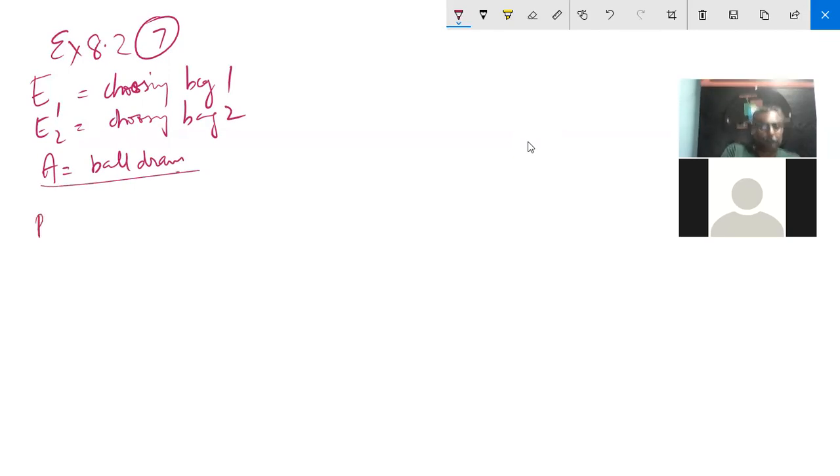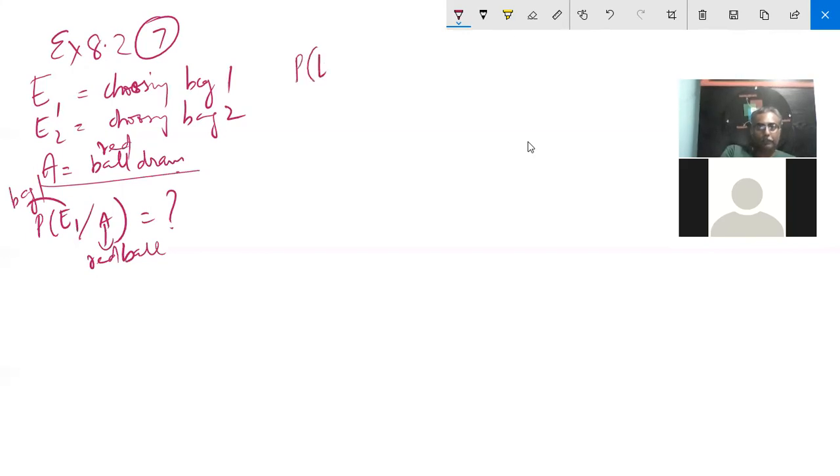That means you have to find that a ball is drawn, red ball drawn. Okay, red ball is drawn. Find the probability that given that you have drawn a red ball, it was actually got from bag 1. You understand? This is what you have to find. What is the formula?